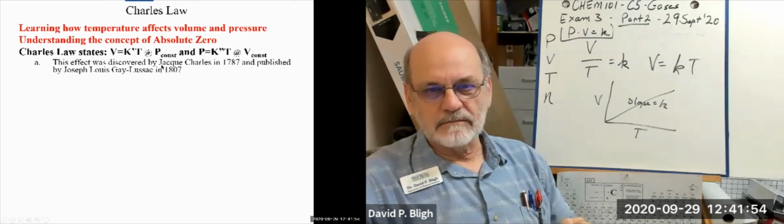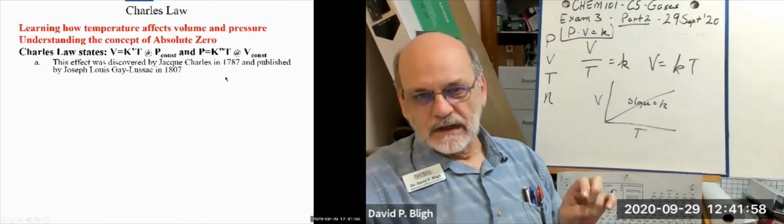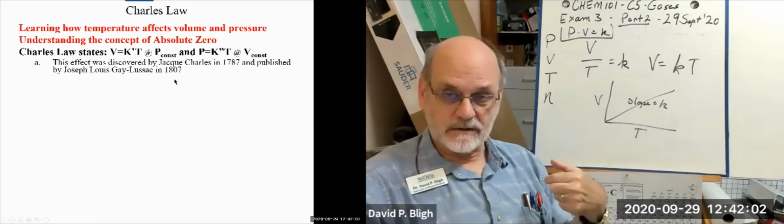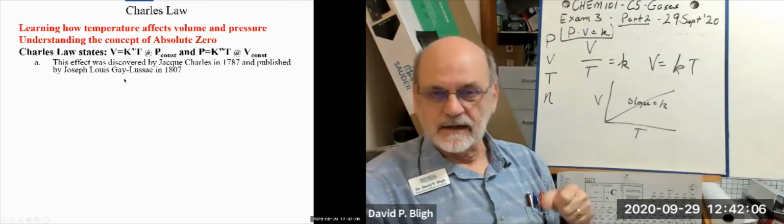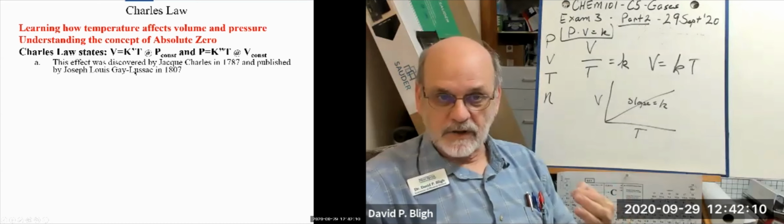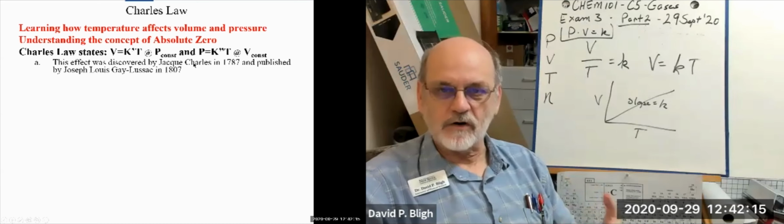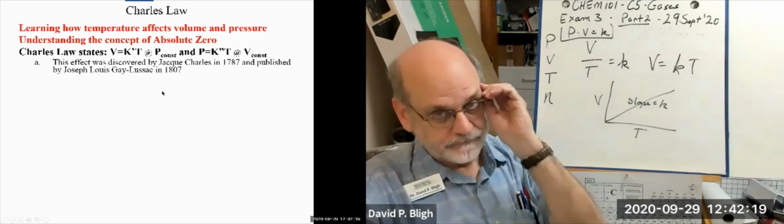So here's Jacques Charles, 1787, whose work was actually published later, at the beginning of the 19th century, by another Frenchman, Gay-Lussac. So Charles is given credit for the work because Gay-Lussac, in his publications, credited Charles' earlier work with Gay-Lussac's results.